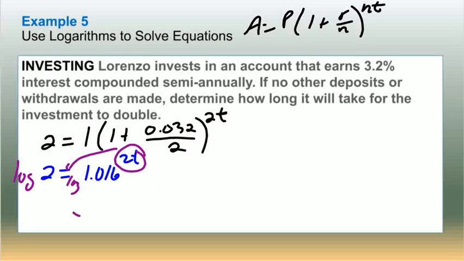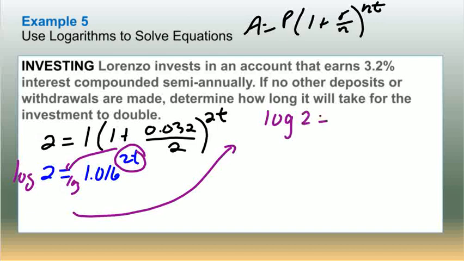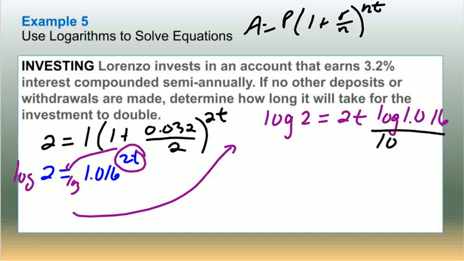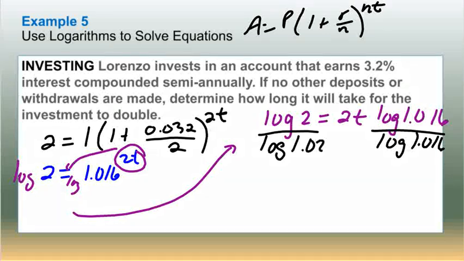So I have log of 2 equaling 2t times the log of 1.016. To get 2t by itself, divide by log of 1.016 on both sides. And then I'm eventually going to divide this by 2.